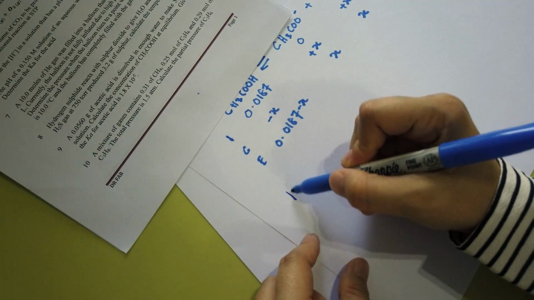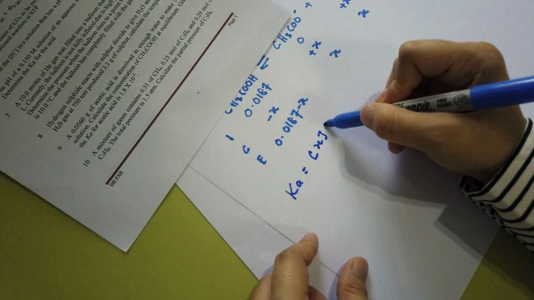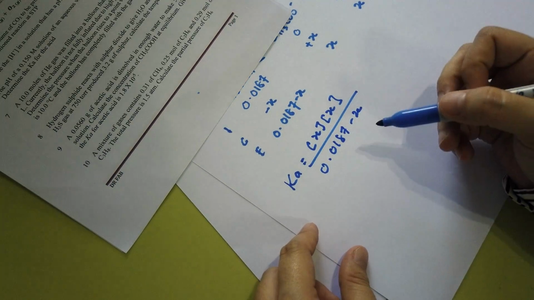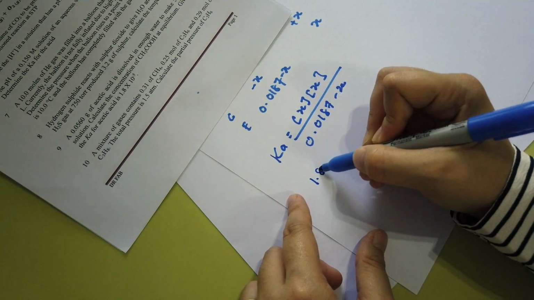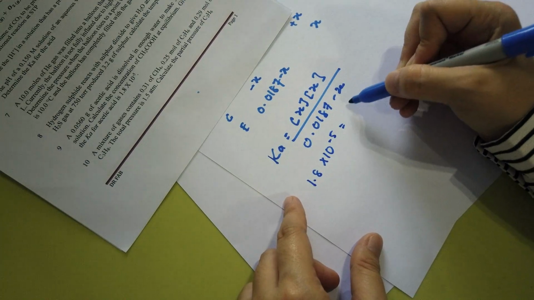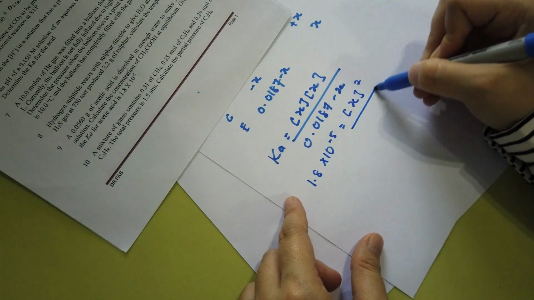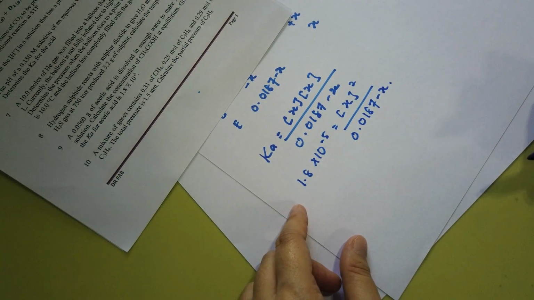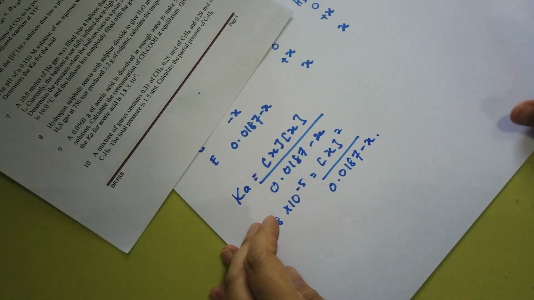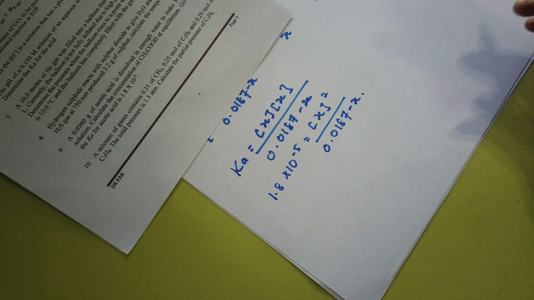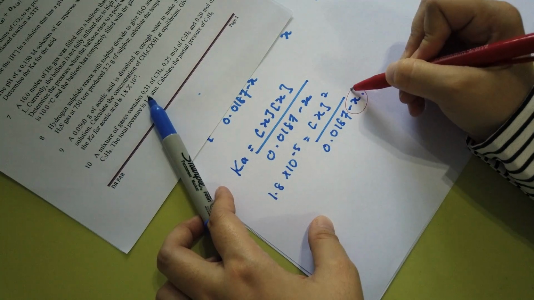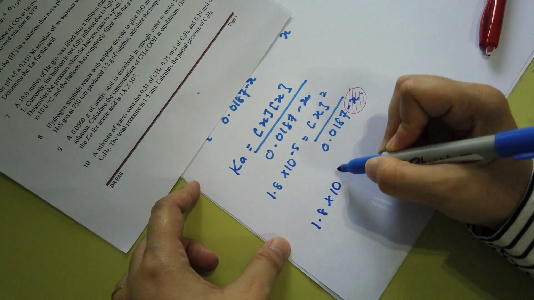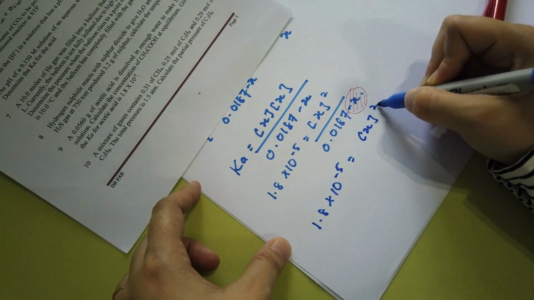So we can do Ka equivalent to X times X divided by 0.0187 minus X. So 1.8 times 10 to the power of negative 5 is equivalent to X squared divided by 0.0187 minus X. What we need to do now is find the value of x. It's easier for us to approximate, so I just remove this x out.